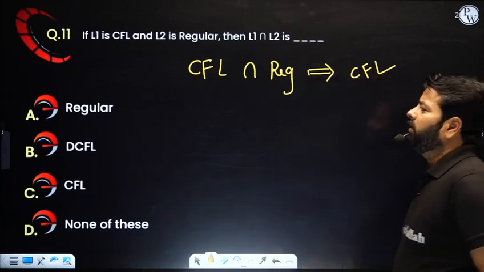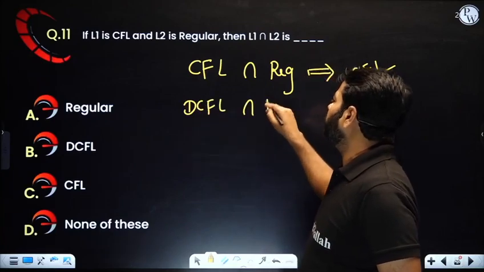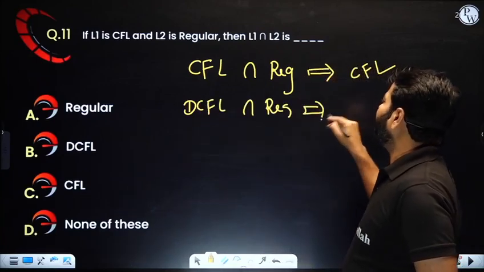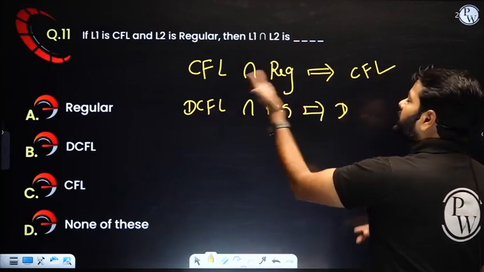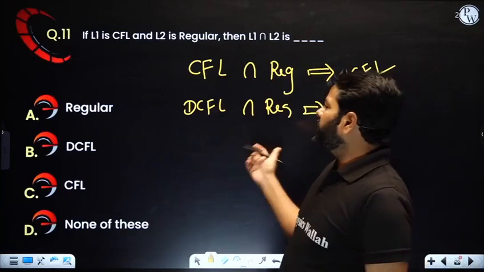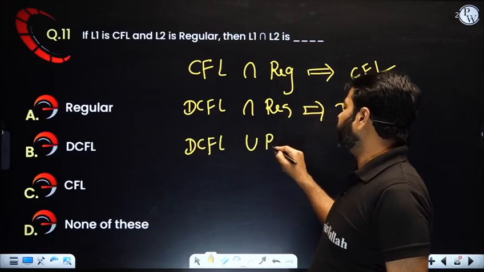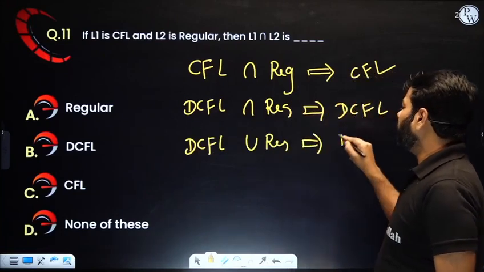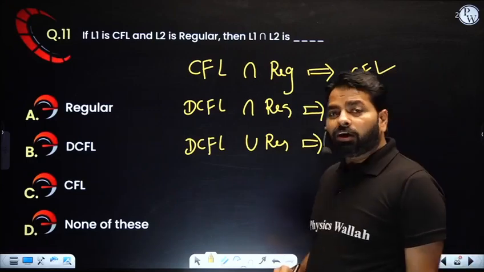Even DCFL intersection regular is always DCFL. So the operand other than the regular one will be the answer. Remember, even for union, when you do DCFL union regular, you got a DCFL. When you are doing it with a regular, the result depends on the other operand only.